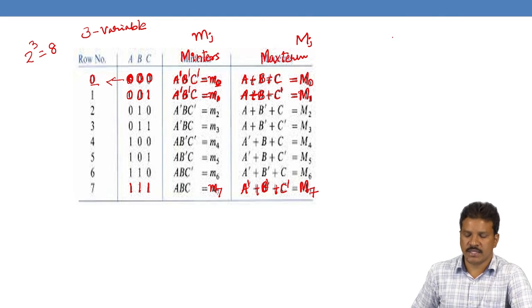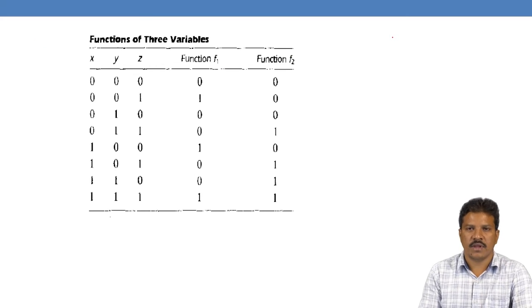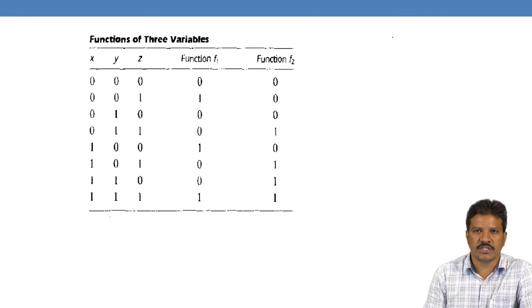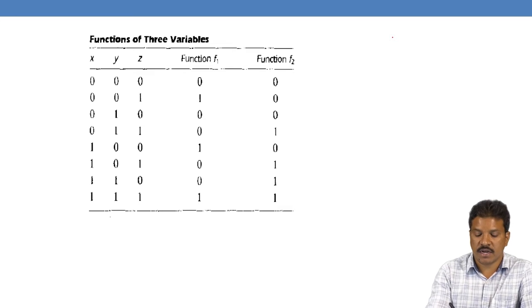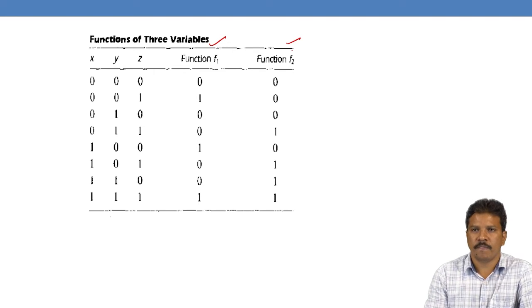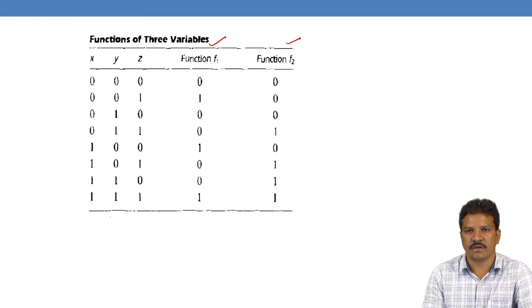If you take this table of 3 variable functions, the functions are called f1 and f2. With 3 variables, 2 power 3 means 8 combinations of input binary values 0, 0, 0 to 1, 1, 1.